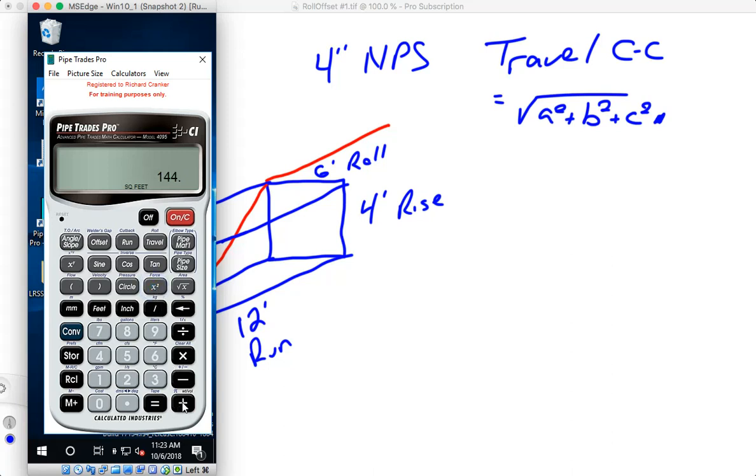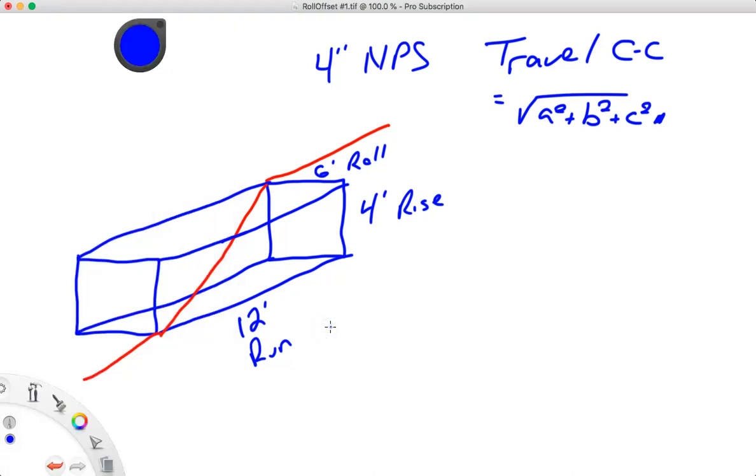Squared plus 4 feet squared plus 6 feet squared equals 196 square feet. So now all you got to do is hit the square root button. So we know our travel is 14 feet center to center. 14 feet 0 inches center to center.